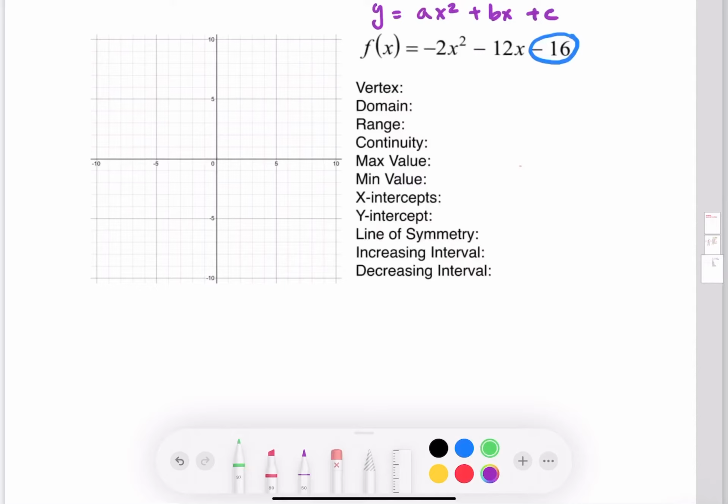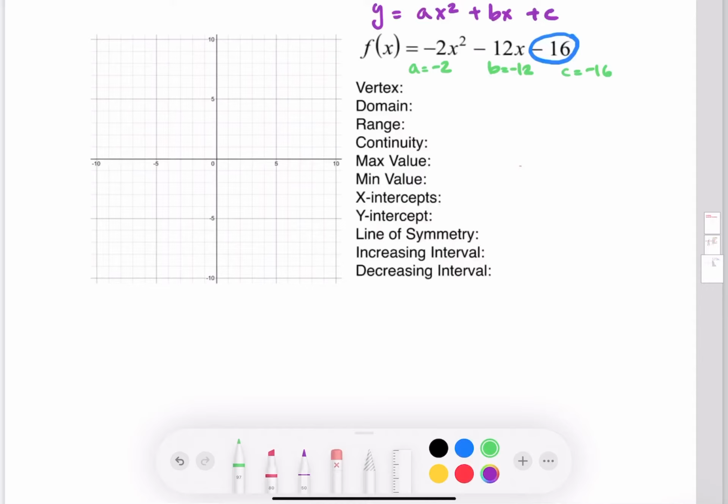So a, in this particular case, is equal to -2, b is -12, and c is -16. Now, when it's written in standard form, that c value is always going to be our y-intercept.